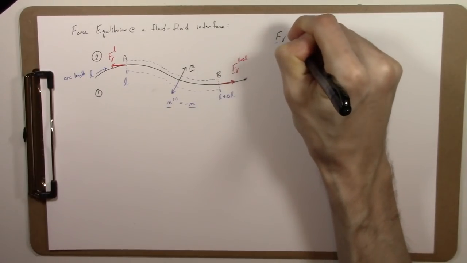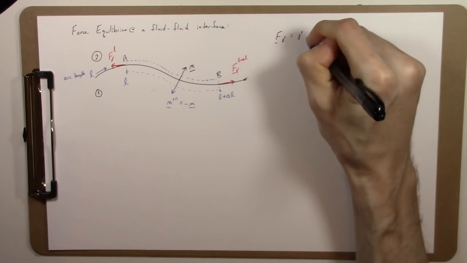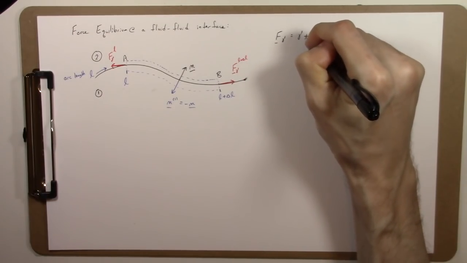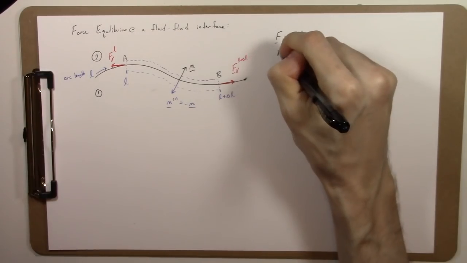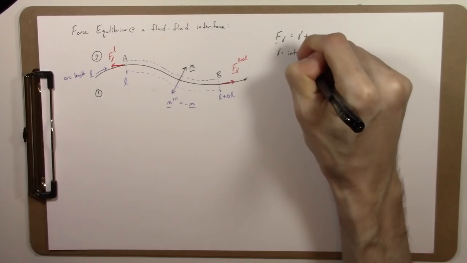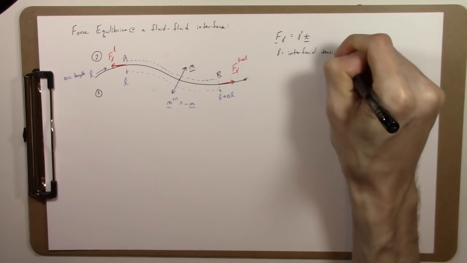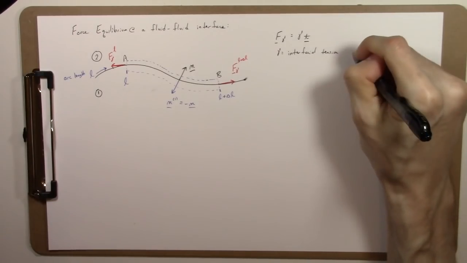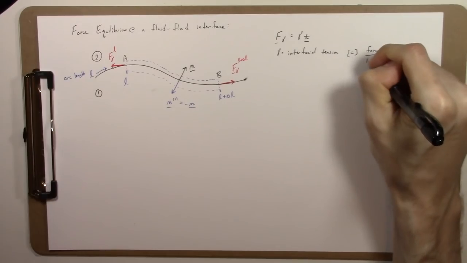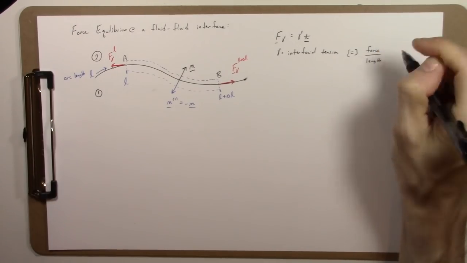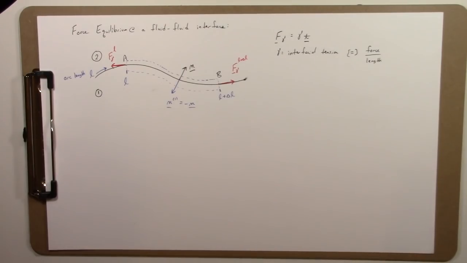So what is this? Well, F sub gamma is equal to gamma, which is the interfacial tension, multiplied by the unit tangent vector T. So gamma is the interfacial tension, which is a force per length. The length is in the direction into and out of the paper in this particular case for the 2D interface. So it's a force per length.